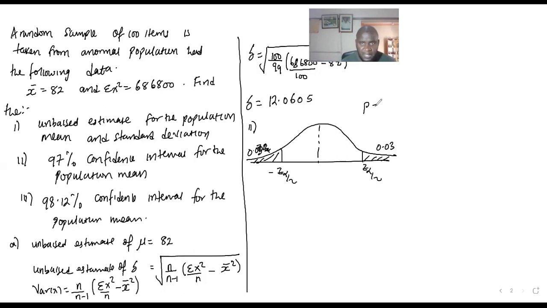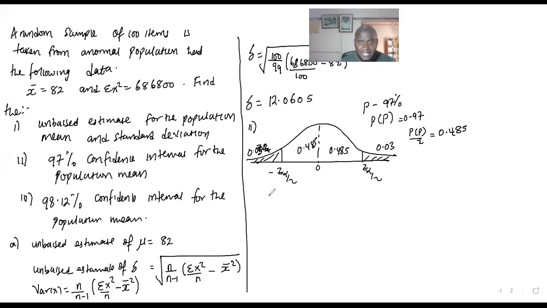They have told you we are having a 97% confidence, so this probability is 0.97. Half of that is 0.485. Always you have to have the confidence interval given in terms of probability.